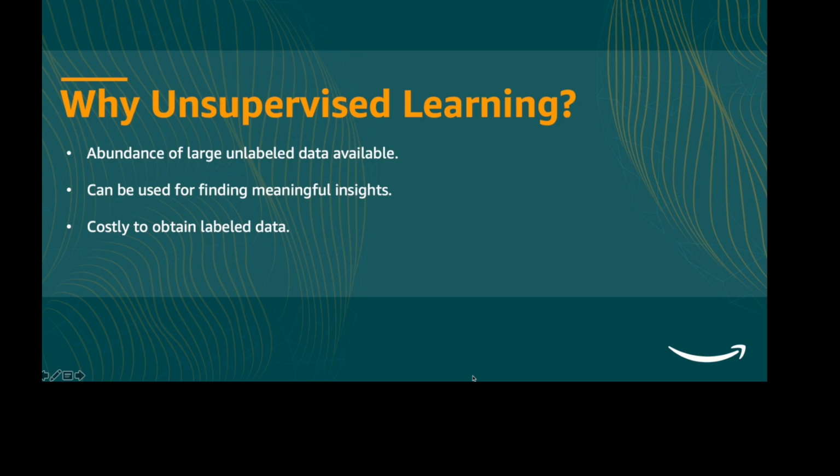So consider an example of anomaly detection, where the job is to identify whether a particular data point is anomalous or not, right? Now if you want to build a supervised learning model, typically you will require data points where the input is X and the output is whether it is a normal data point or an anomalous data point, right?